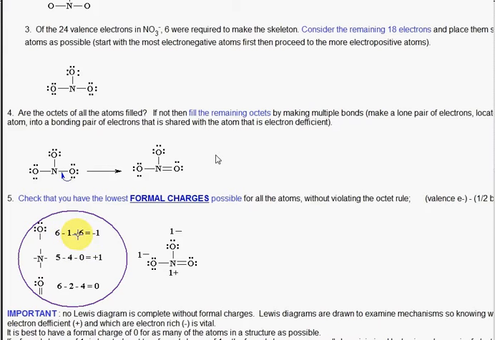And then that's minus the number of electrons that are in the lone pairs. So those are the three figures. So in the lone pairs you've got 2, 4 and 6, and that's where your three numbers come from. Valence, half the number of bonding electrons, minus, now they're both minuses there, and then the number of lone pair electrons. Do a summation on that and you come up with your formal charge.